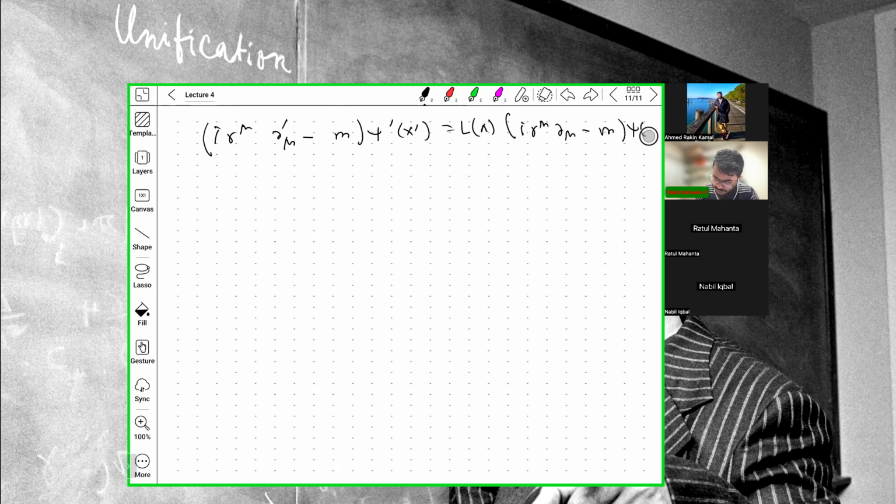So if it is valid in one frame, in the other frame it will also be 0.